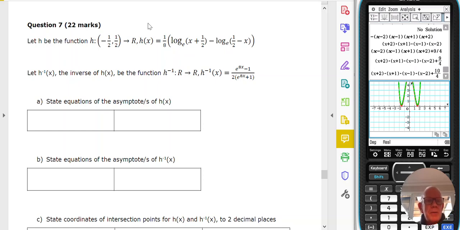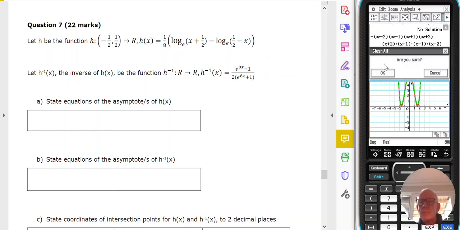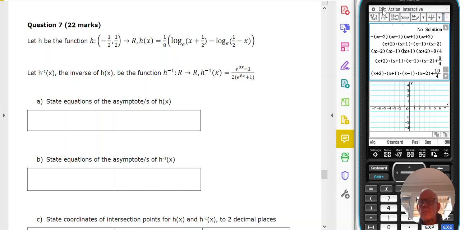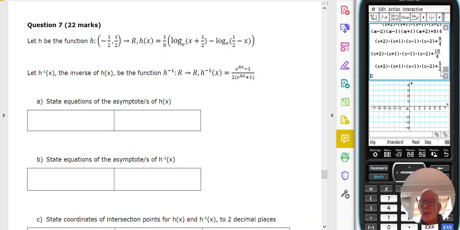Okay, question number 7. h is this logarithmic graph, and the inverse is being given to us as well. So let's type them in. New line.